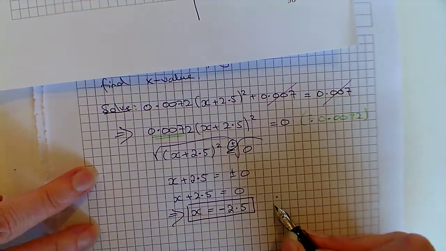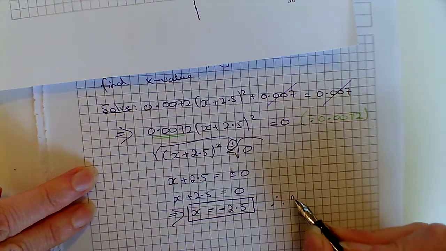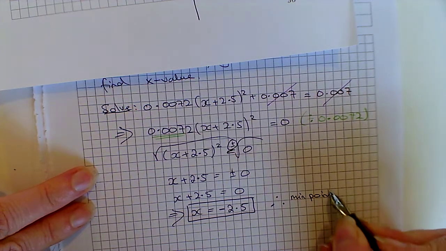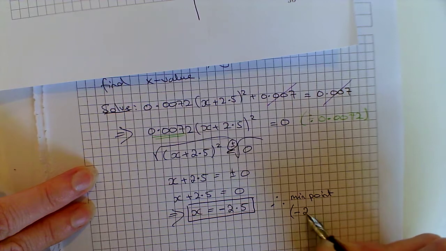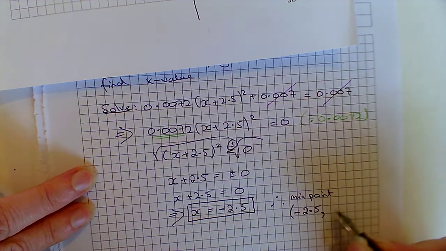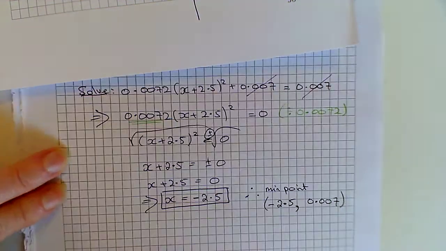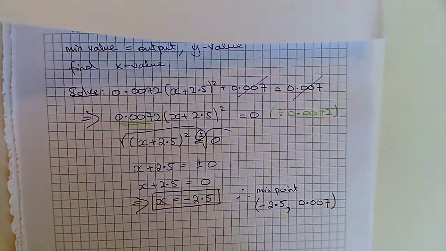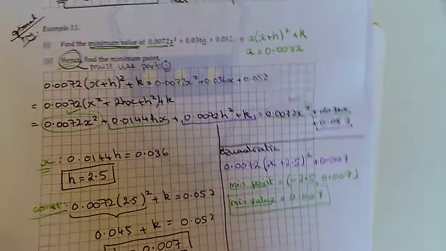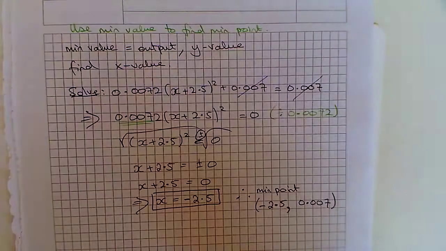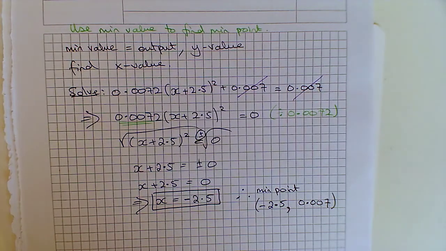So let's write it down to conclude it properly. Our minimum point is x equal to minus 2.5 and y equal to 0.007. Okay, so if there wasn't enough room on the notes, there wasn't on mine, to take down that extra bit of work there, you might put it on an extra page or on a sticky note attached to example 7.